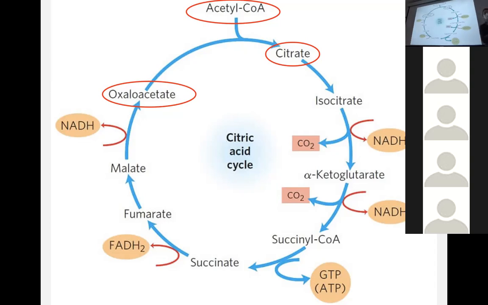You need acetyl-CoA in order to keep it going. And that's going to turn into citrate, which is why it's called the citric acid cycle also. Basically, acetyl-CoA is combining with the end product of the previous cycle, oxaloacetate. That'll make more sense when we look at the carbons in a second. So oxaloacetate will bind with acetyl-CoA, and you get citrate.